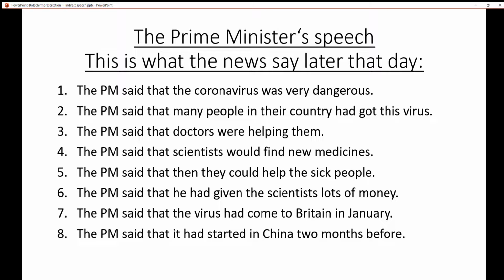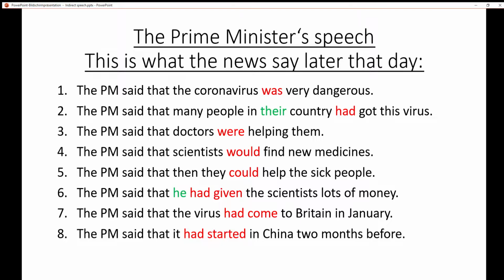So you can already see that there are differences between the direct speech and these indirect speech sentences that the reporters wrote down for the newspapers. In the next picture, you can see these differences highlighted. So don't worry so much about the green highlights.